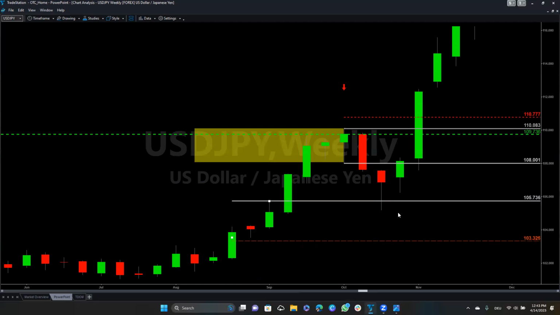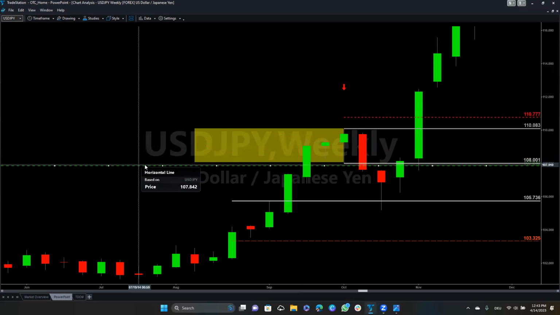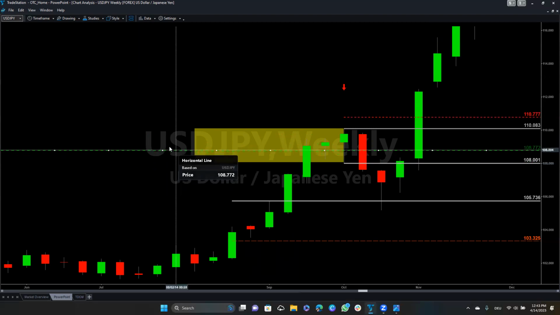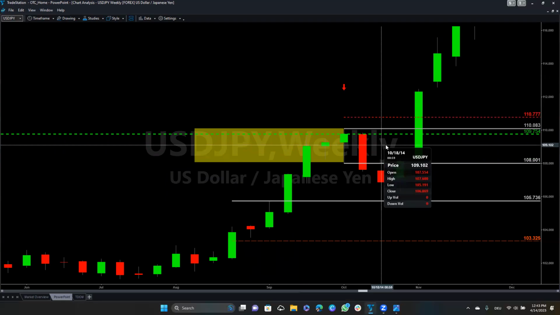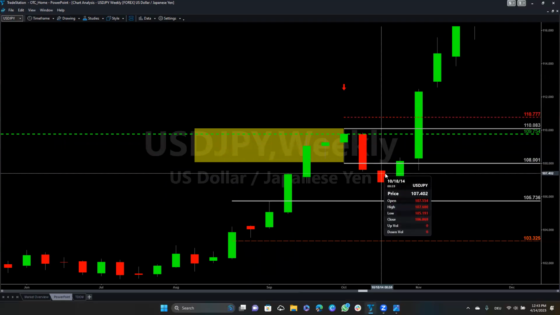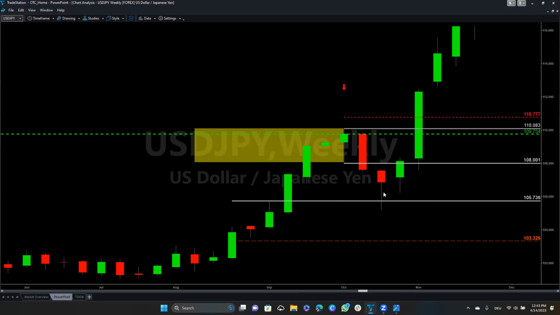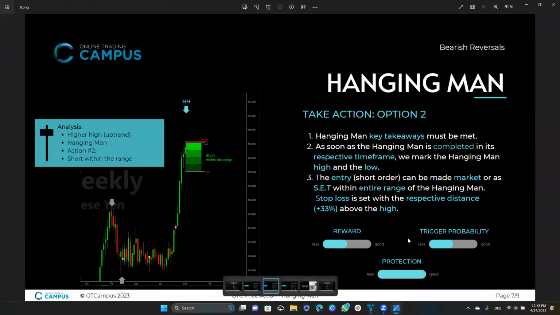Your target here, you see, the first option, option number one, entry was here, possible to get a one-to-one, and option number two, entry within the entire range, you got a 1, 2, 3, 4, maybe a 6-to-1 or more, okay? Or more. You see, the risk to reward ratio is amazing, right? That's why it's possible, right?